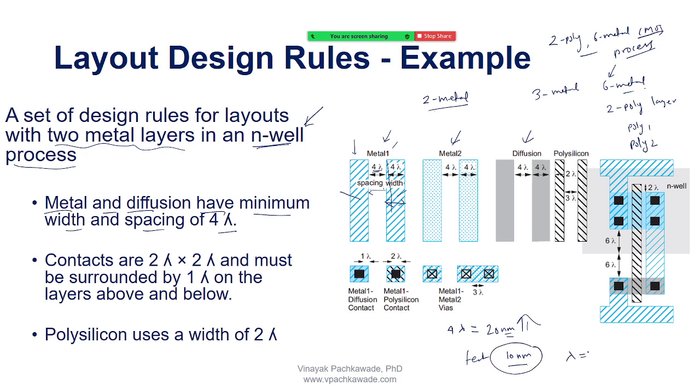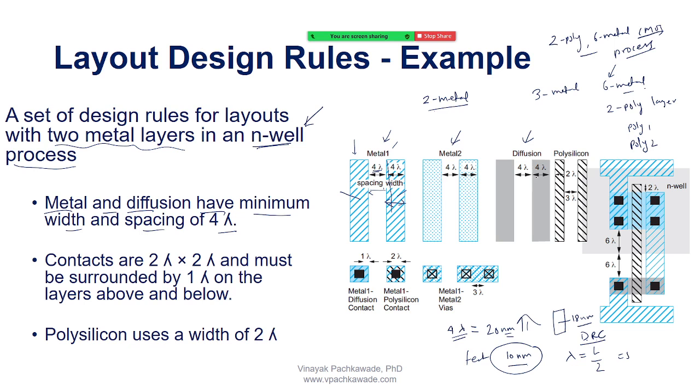Lambda is feature size by 2, so 5, and the minimum width is 20 nanometer. What if I draw the metal line of 18 nanometer? I will not pass the DRC, design rule check. This is how it goes.